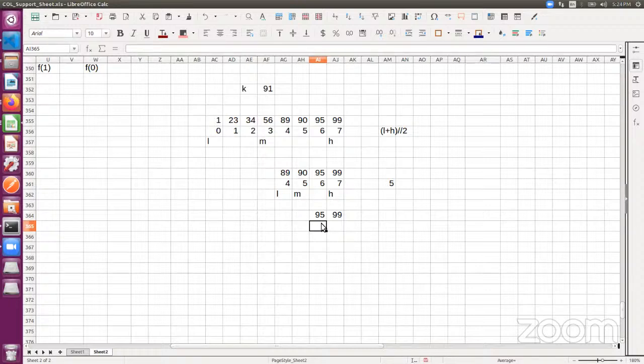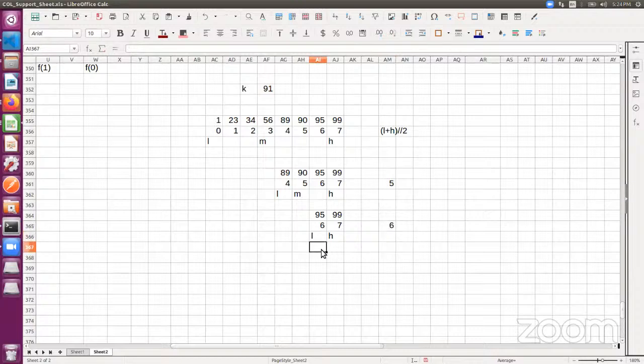So now the low becomes 6 and the high becomes 7. If we apply L plus H by 2, 6 plus 7 is 13. 13 floor division 2 is 6.